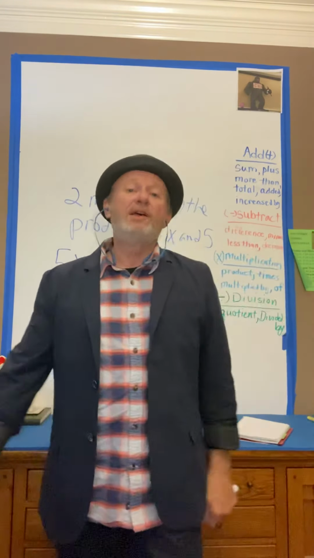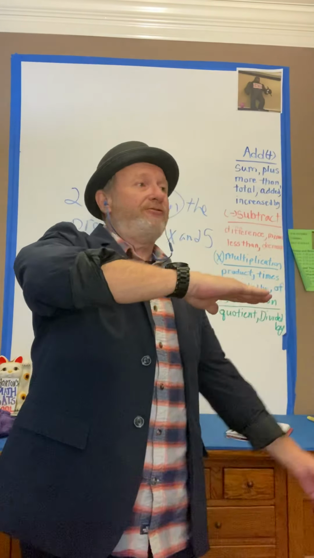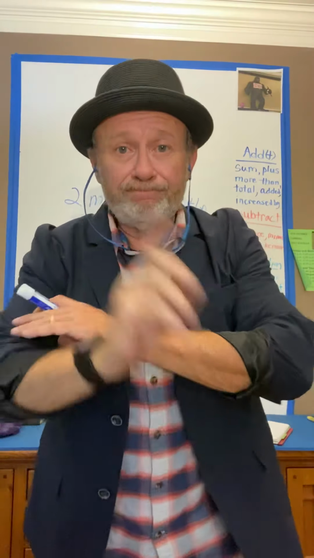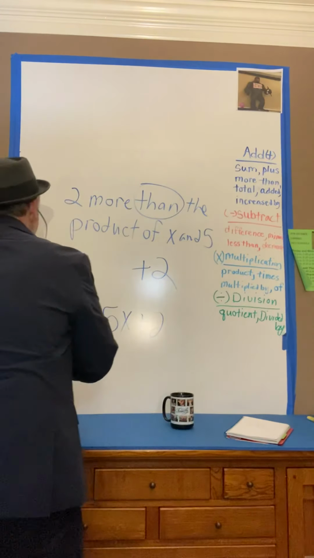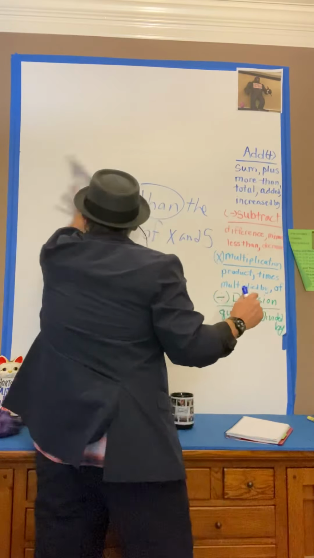One more time. Whenever you see the word than, what's on the back goes to the front. What's on the front goes to the back. That's how it works. We'll do another one.